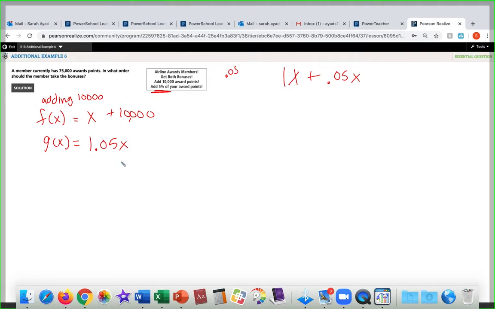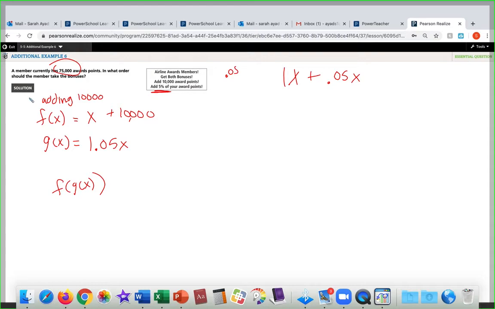So 1.05x. So the question here is, should I take 5% of my award points and then add my 10,000, or add the 10,000 and then take 5%? Again, I'm finding f of g of x, but really I know what x is.